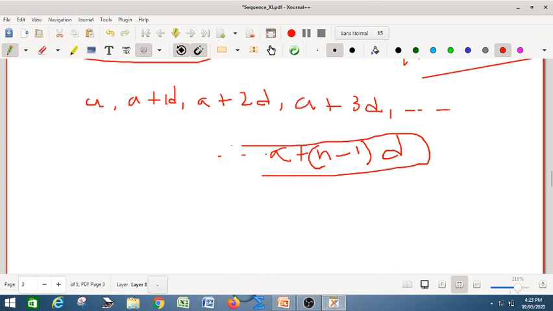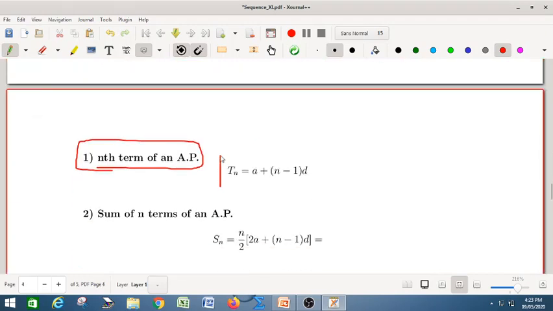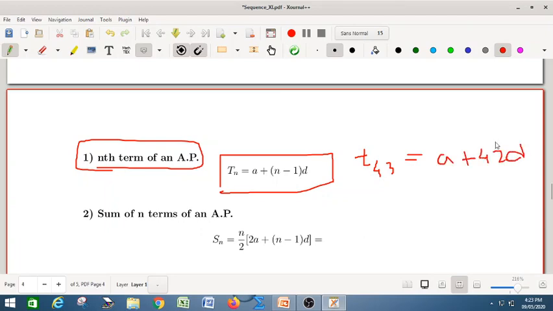Nth term is denoted by tn. So you can get any term from this. Suppose you want the 43rd term. So T43 is simply a plus 42d. If you know a and d, you can easily calculate any term.